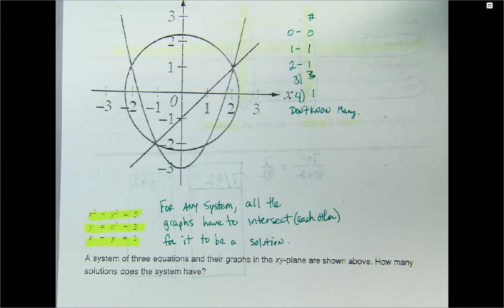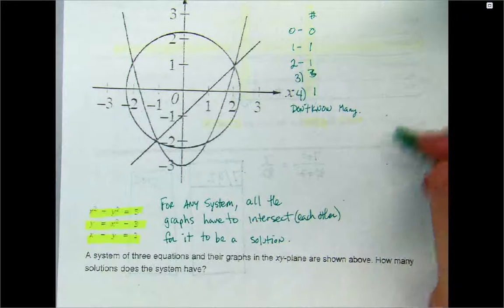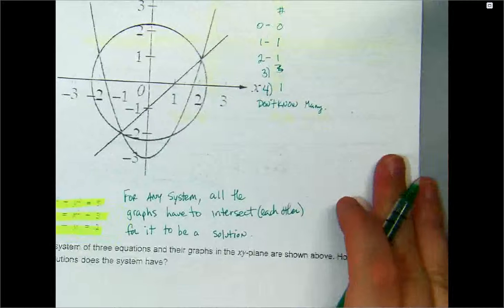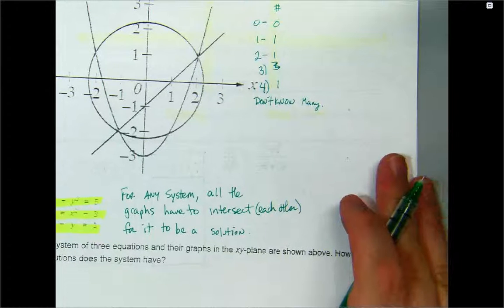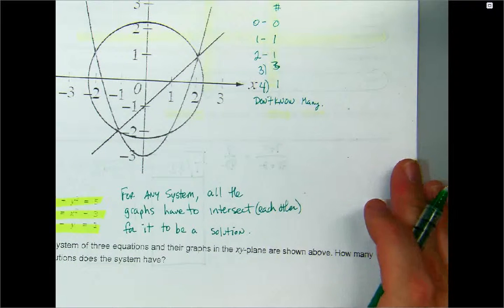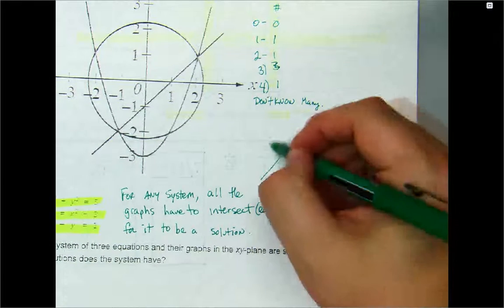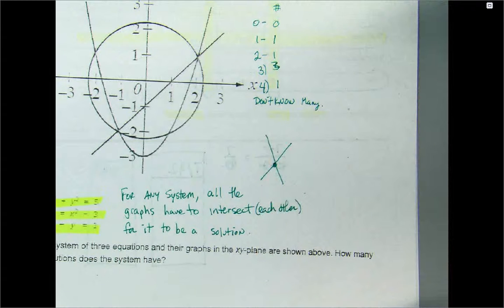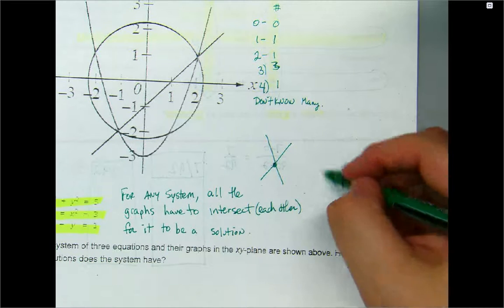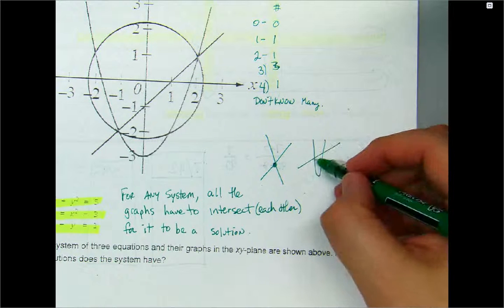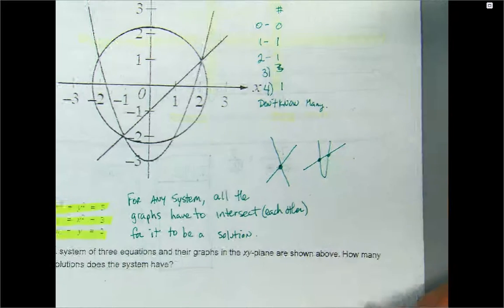Now, in this case, guys, let's think back. When we had 2 lines, they intersected each other, right? You could have a parabola. These are your solution points. Now take a look at what's going on here. Where do the circle, the line, and the parabola all intersect each other? Is it here?